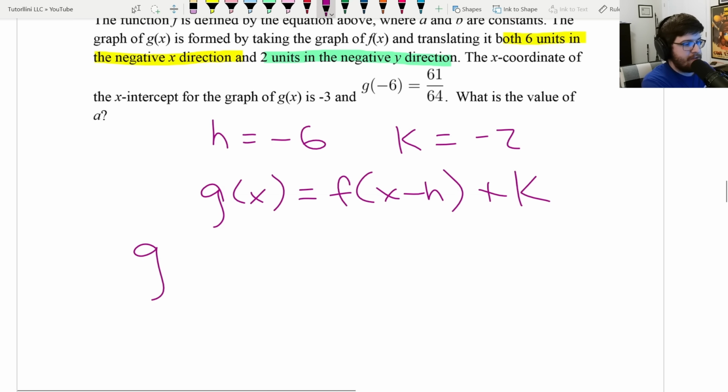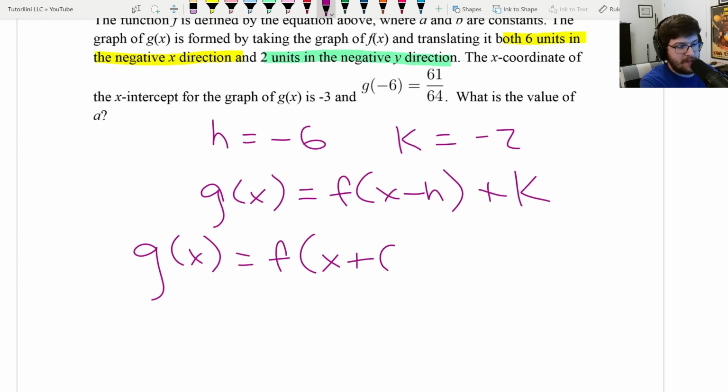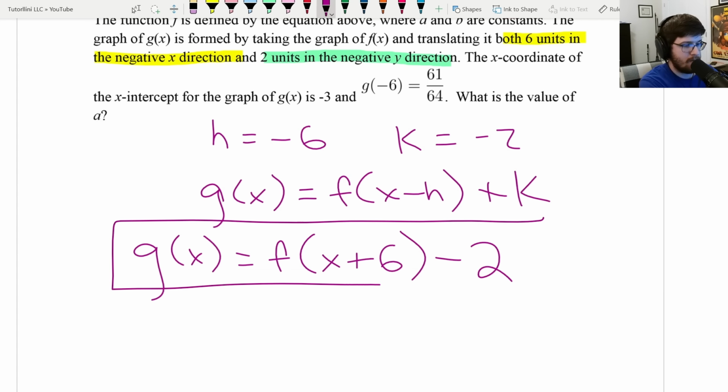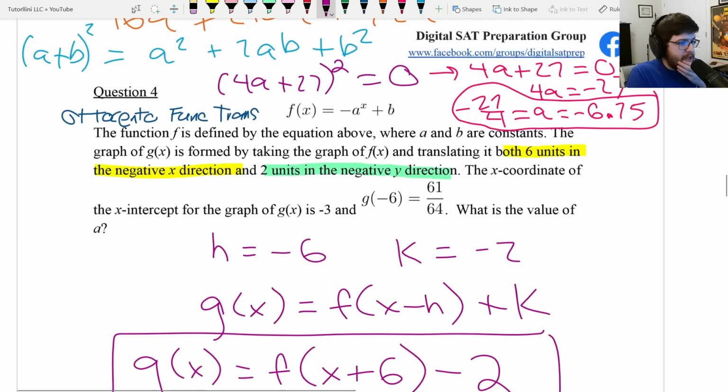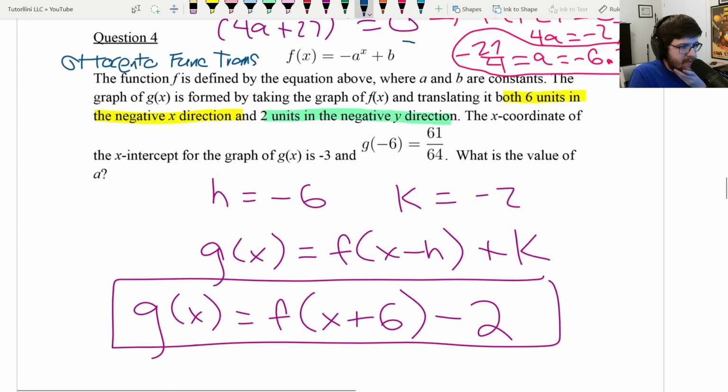So g of x is equal to f of x plus 6, minus negative 6 plus 6, and then keep the sign of the one on the right, minus 2. And now we're going to use this equation they gave us up here, and we are going to replace the x with x plus 6, and then slap a minus 2 at the end.